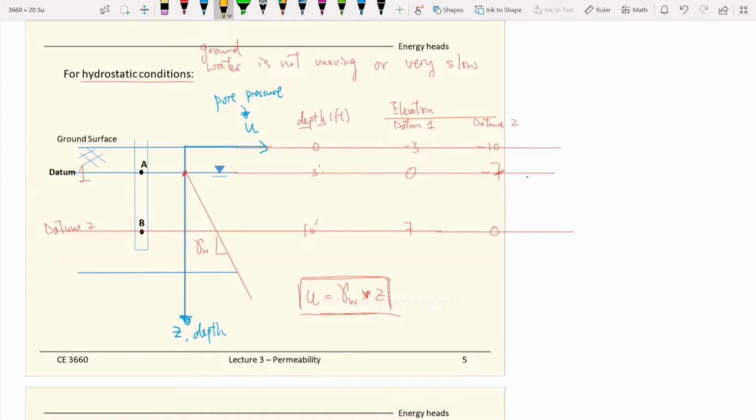In this case, we can assume that above the groundwater table, you don't have a pore pressure.